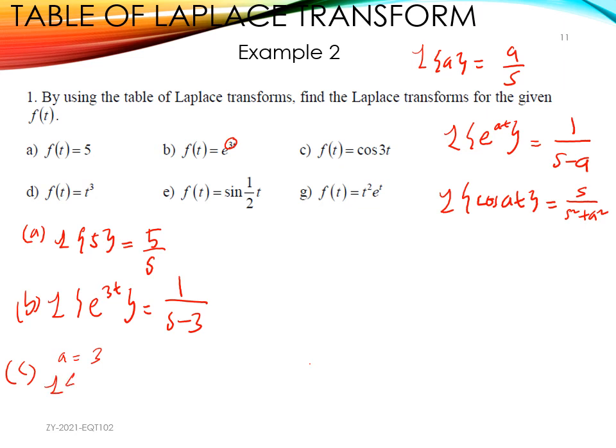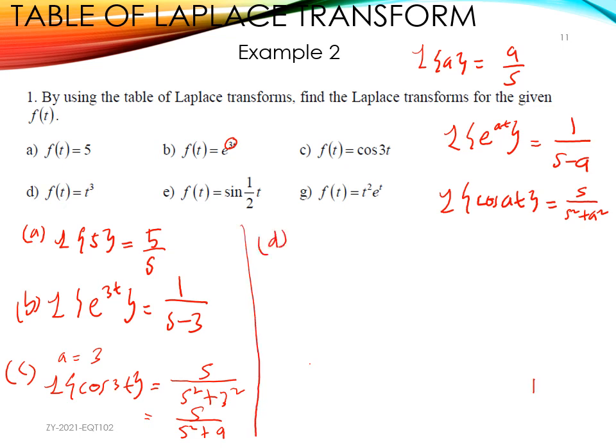So Laplace of cos 3t equals s divided by s squared plus 3 squared, which equals s divided by s squared plus 9. That's it. Very simple.